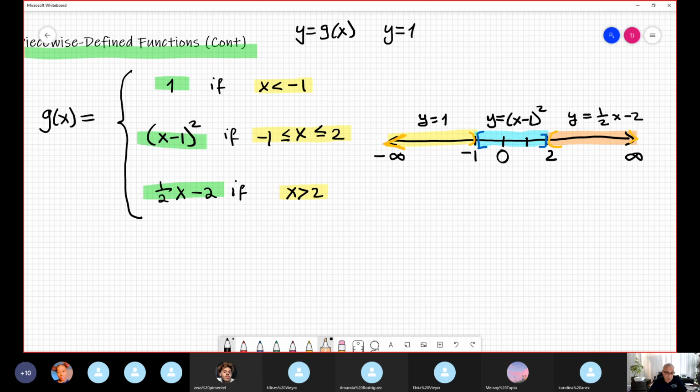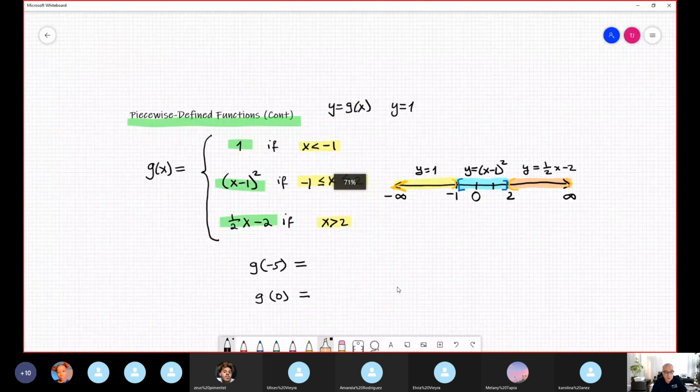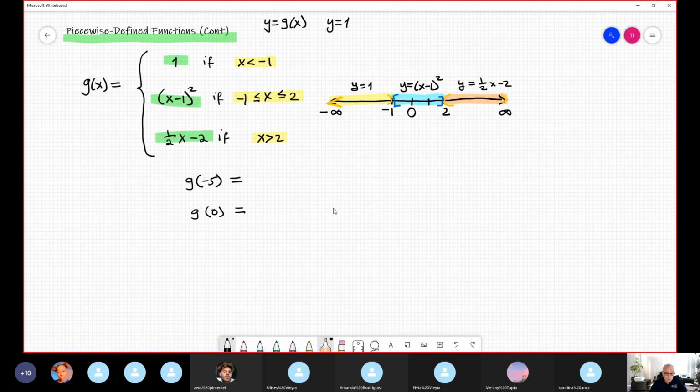Let's suppose that in the test I give you different values to evaluate. Evaluate g at -5, please. Evaluate g at 0, please. And evaluate g at 2. Okay, let's do it.